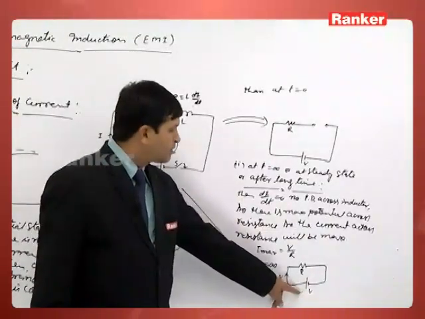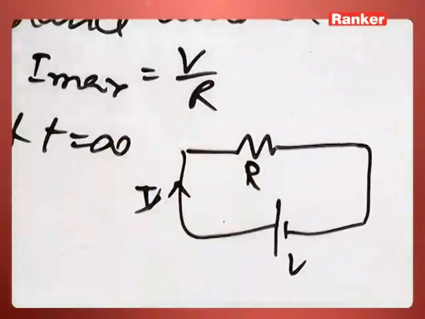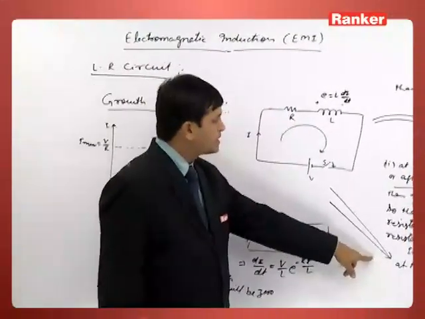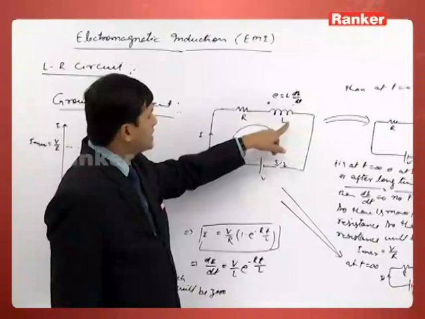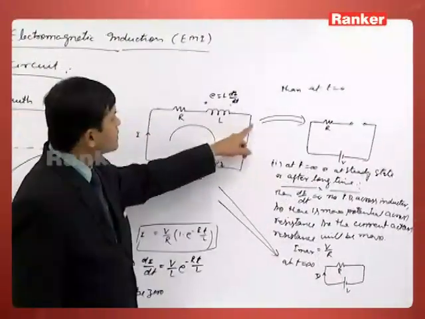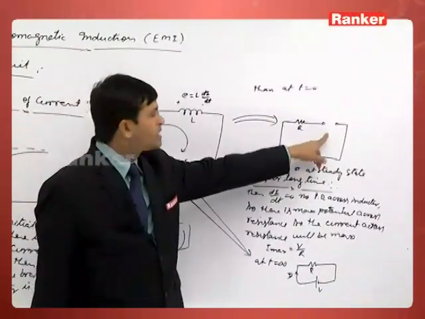So current will be I is equal to V by R. So at t is equal to infinity, we can make our inductor just like a wire, and at t is equal to 0, we can treat our inductor as an open circuit.